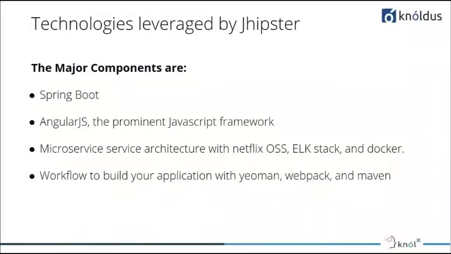We have a responsive frontend with AngularJS, and we use service discovery and deploy our service using Netflix OSS, ELK stack, and Docker. Our build workflow uses Yeoman, Webpack, and Maven, or we can use Gradle too for building our workflow with JHipster.